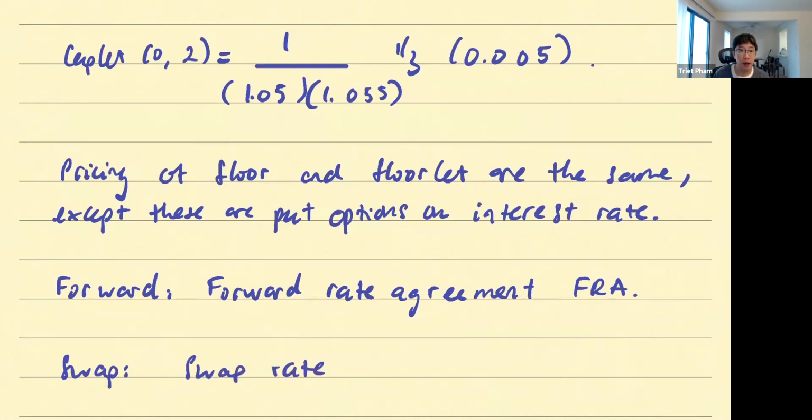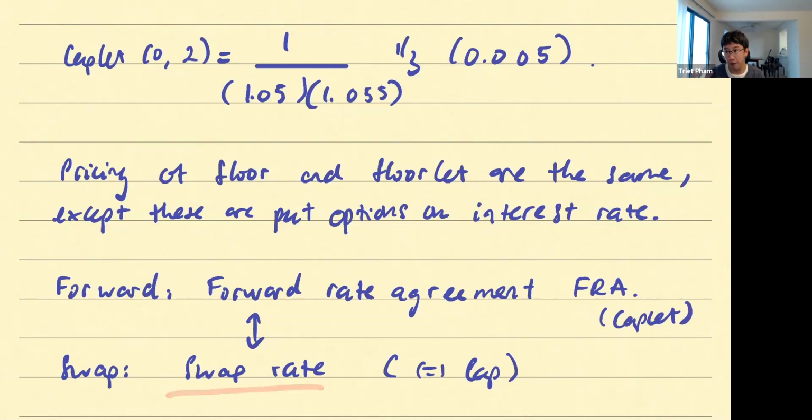Okay. And so actually the relation between these two is similar to the cap and caplet. So this is like cap, and this is like caplet. So in other words, the swap rate is for investment over multiple periods. The forward rate agreement is for investment over one single period.